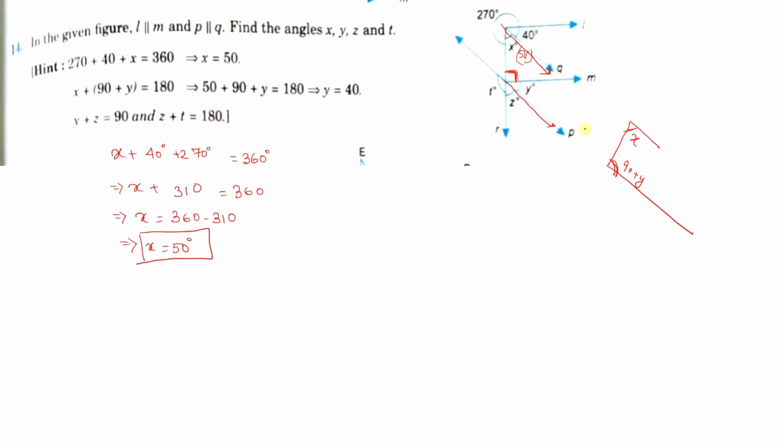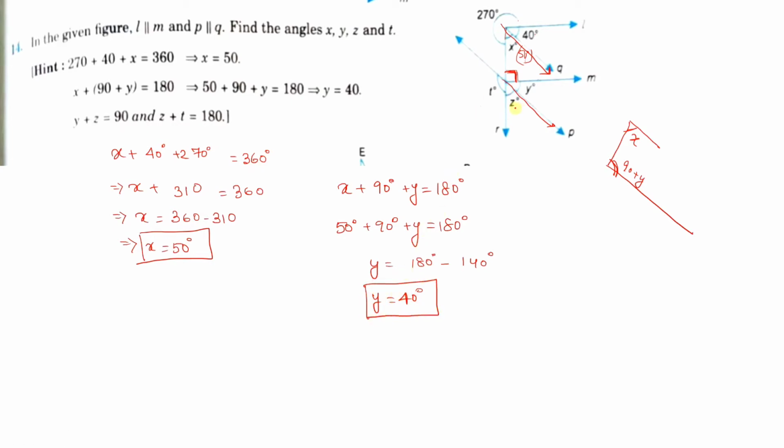So you have to write here x plus 90 degree plus y equals 180 degree. Value of x is 50, 90 plus y equals 180 degree. To solve all these problems, you have to study the diagram very carefully. Then only you will understand what you have to do or what you have not to do. So y equals 40 degree. So the value of y equals 40 degree.